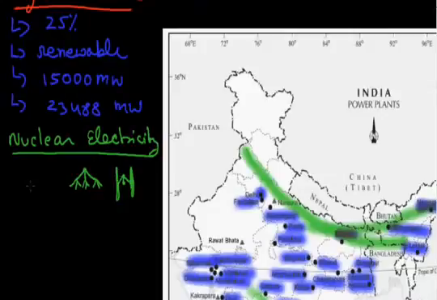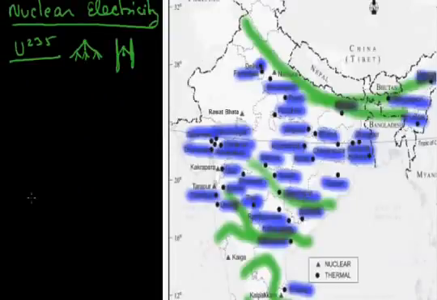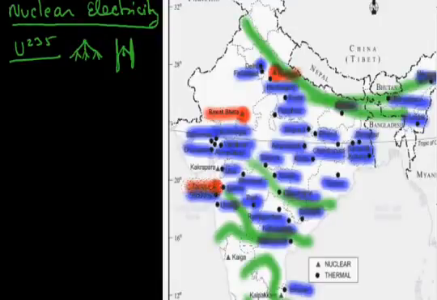In nuclear power plants, the resource which is used is uranium 235. In India we do not have too many power plants. It is approximately 22 power plants in India. The major power plants are in Narora in Uttar Pradesh, Rawat Bhata in Rajasthan, Tarapur in Maharashtra, and Kalpakkam in Tamil Nadu.